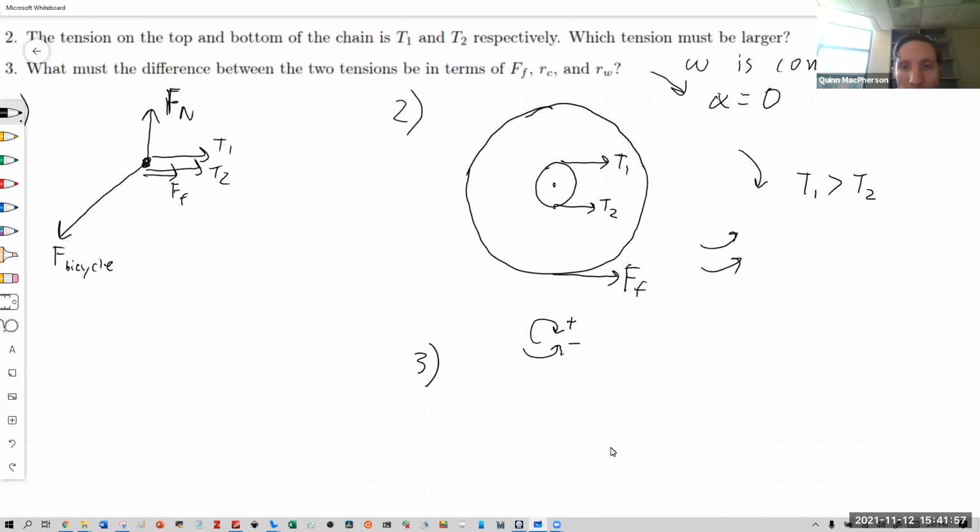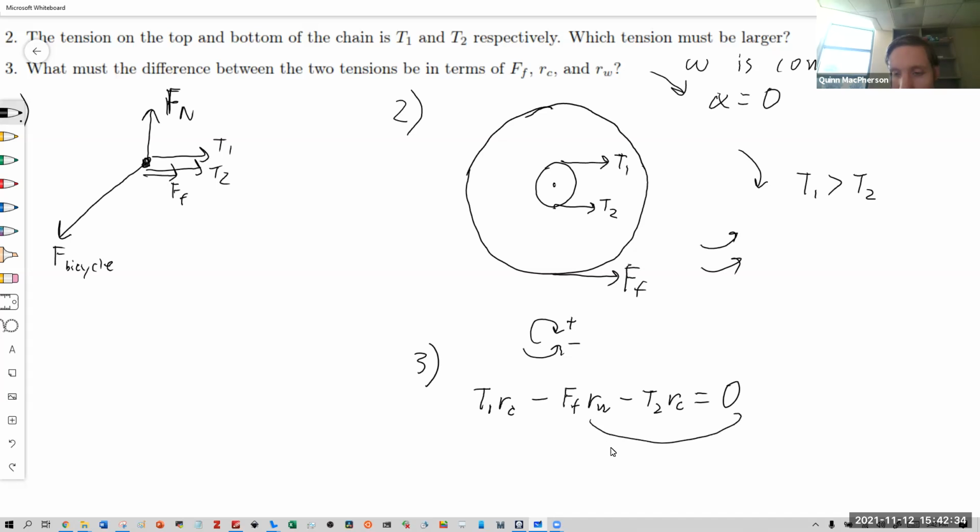Okay, so the forward torque is T1 and then the radius of the cassette, RC. The backward torques are minus force friction times radius of the wheel, and a minus T2 radius of the cassette. And the sum of those torques is 0. We are told to find the difference between the two tensions, so we're trying to find T1 minus T2.